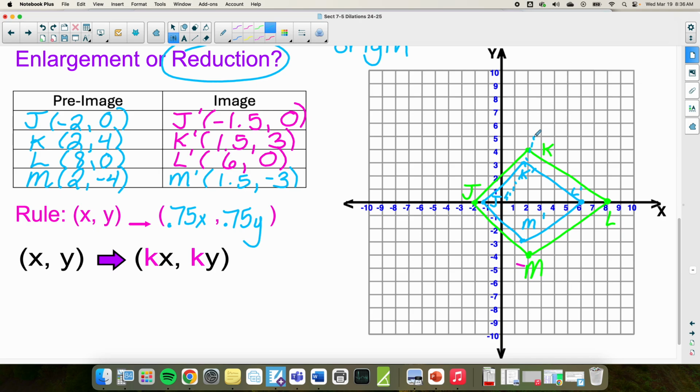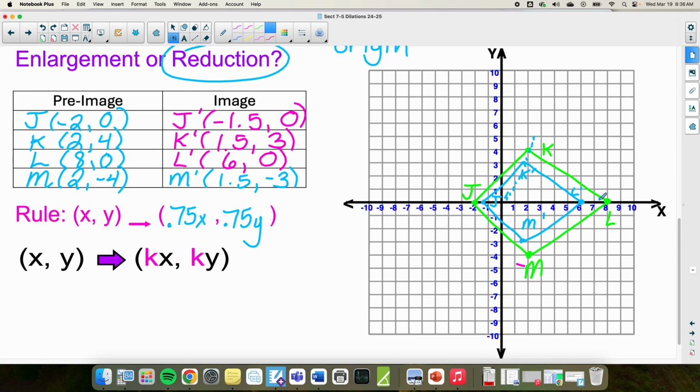Or like for 6, you would think, is from the center to L prime 3/4 of the way as from 0 to 8. So the bigger your number, the more distance is going to be between those, and that's why it's not equidistant going around.